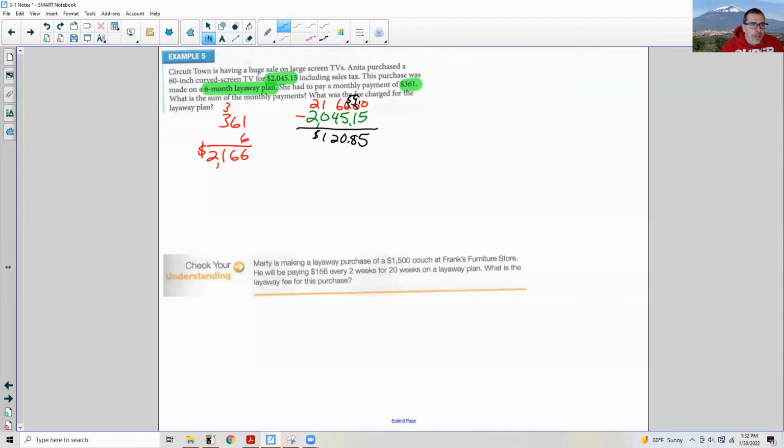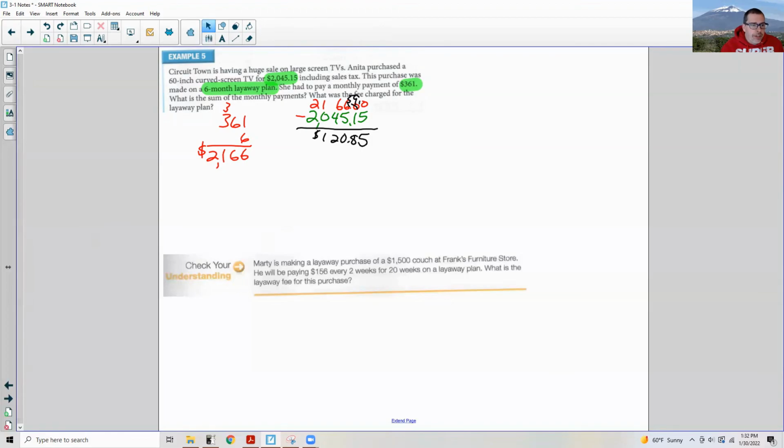They don't say what the sale was, but if it was a large percentage and this amount was less than what you saved, you would lock in the sale price, even though the sale might be over by the time you buy the TV. Make sense? So sometimes putting it in layaway is going to preserve the sale price. So even if there is a fee for putting it on layaway, it may be better to do that.